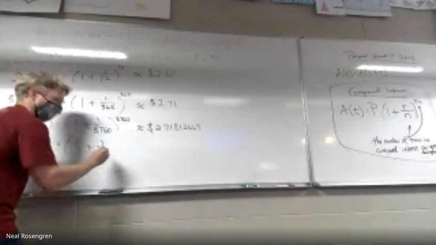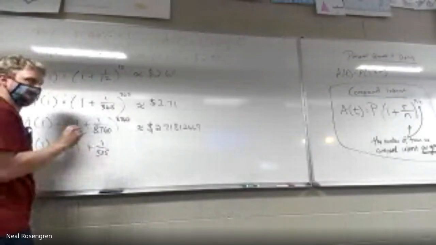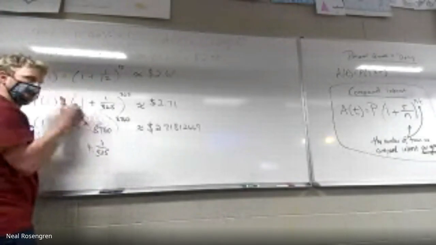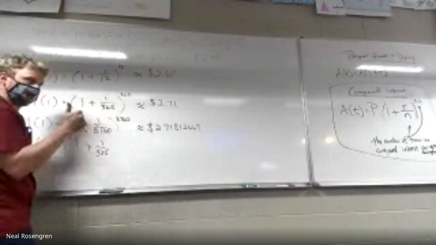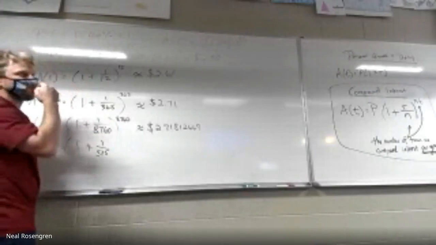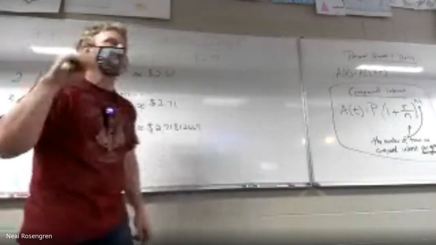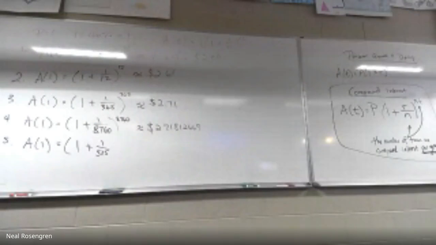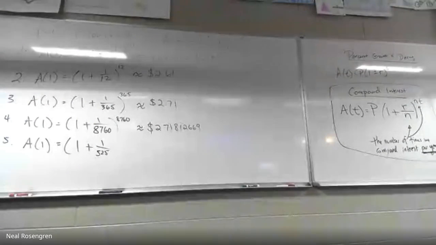525,949. Okay. Try it again. 365, yeah, times 24. Siri probably did it with 365.25 days because of the leap year. We're going to keep it simple and just go 365. That's more accurate though, but I was going to pick a number that maybe you guys might have recognized.